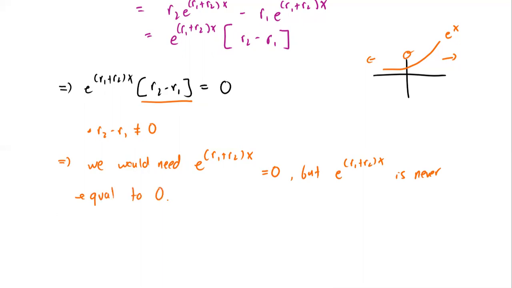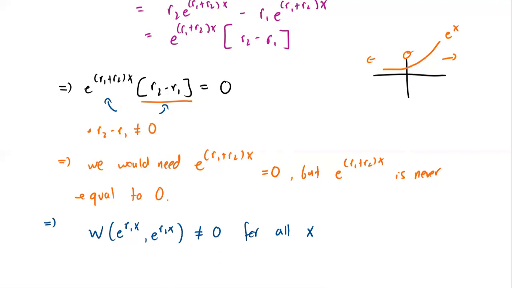What does that mean? Well, this is never equal to 0. This is never equal to 0. So the Wronskian is never equal to 0. So what does this mean?